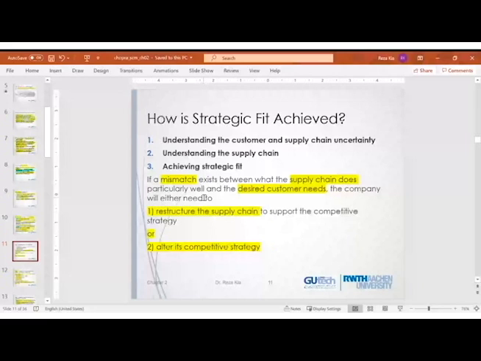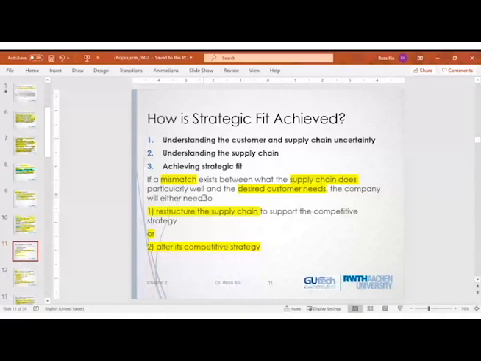So the customer will impose some uncertainty. We will discuss that in the next class. And because of that, we will have some kind of supply chain uncertainty in our supply chain. We need to understand it. And also in the second stage, we need to understand the capacity of our supply chain.